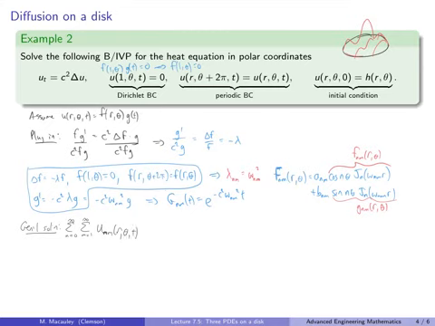And so I should probably write out what that is. So for each n and m, we get u_nm of r, theta, t, which is a_nm f_nm.